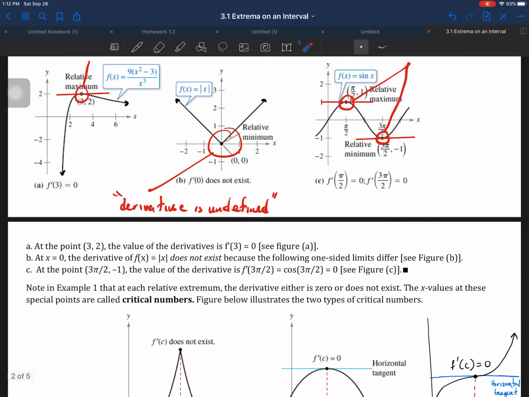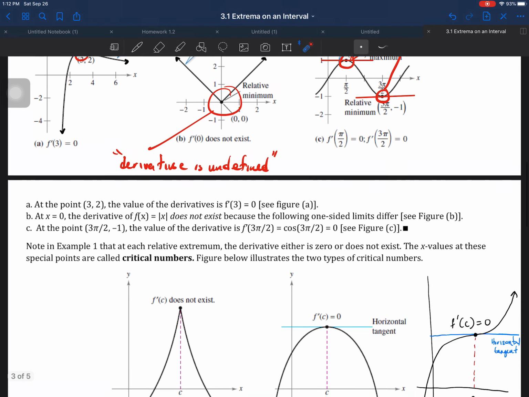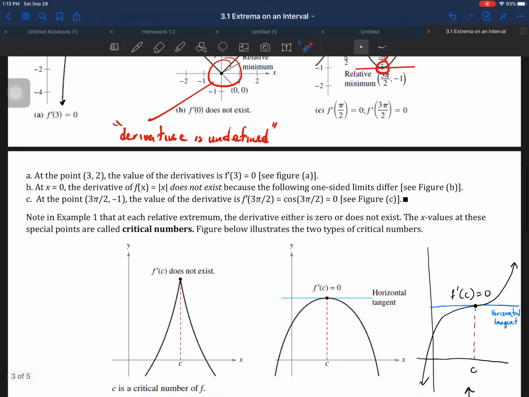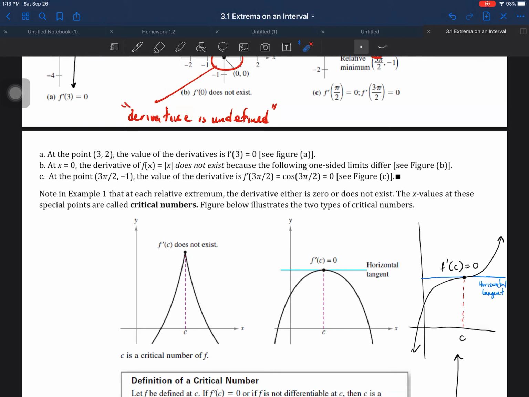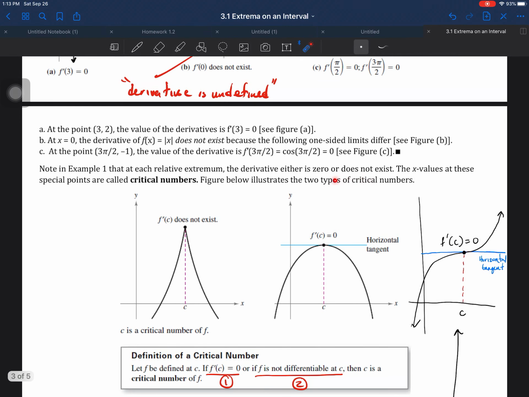So that gives us that conclusion, right? We can find these critical numbers very quickly by looking at the picture, the relative max and relative min. So note in example 1 that at each relative extremum, the derivative either is 0 or does not exist. So the x values of these are special points called critical numbers.